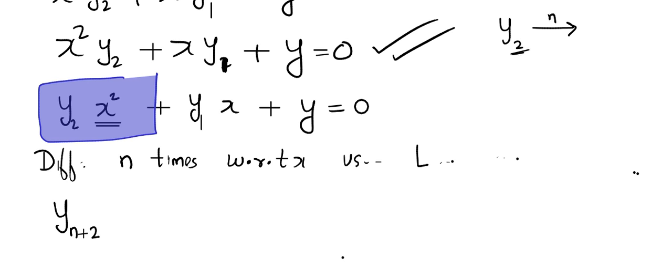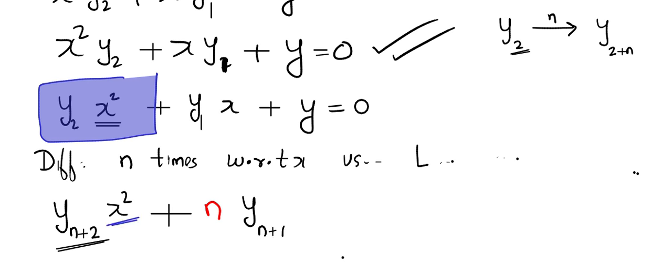All you have to do is add n to that suffix. Now write the second function as such. Plus, don't forget n. And then what should I do with the next thing? I should reduce 1. n plus 2 minus 1 will be n plus 1. What should I do with the next quantity? Yeah, differentiate.